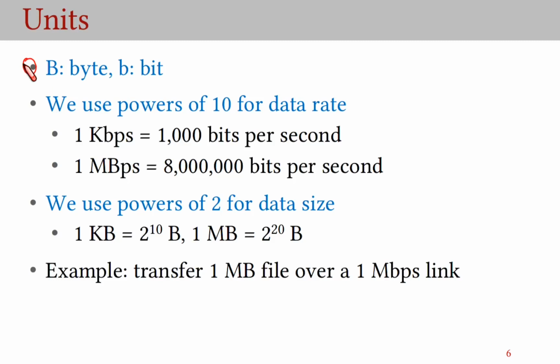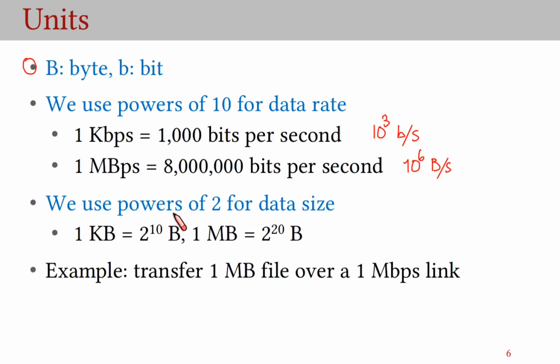By convention, we use powers of 10 for data rate. 1 kbps would mean 10 to the power 3 bits per second. That is 1000 bits per second. 1 Mbps would mean 10 to the power 6 bits per second.